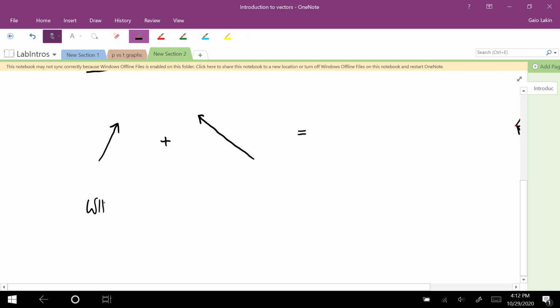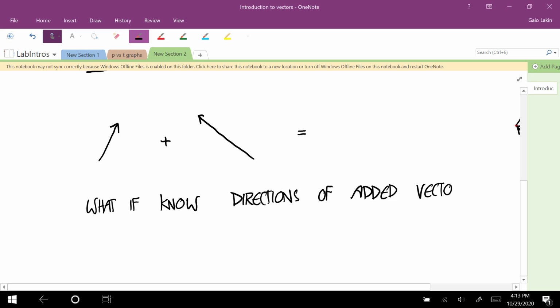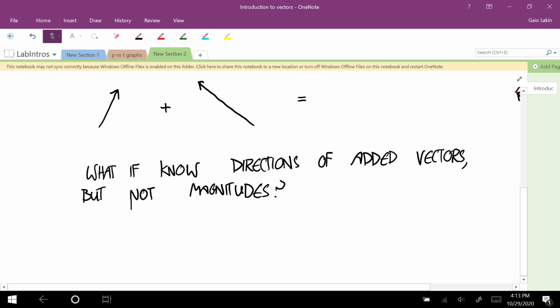So what if you know the directions of the added vectors, but not the magnitudes? And the question is, what can you say about the direction of the sum of those two vectors?